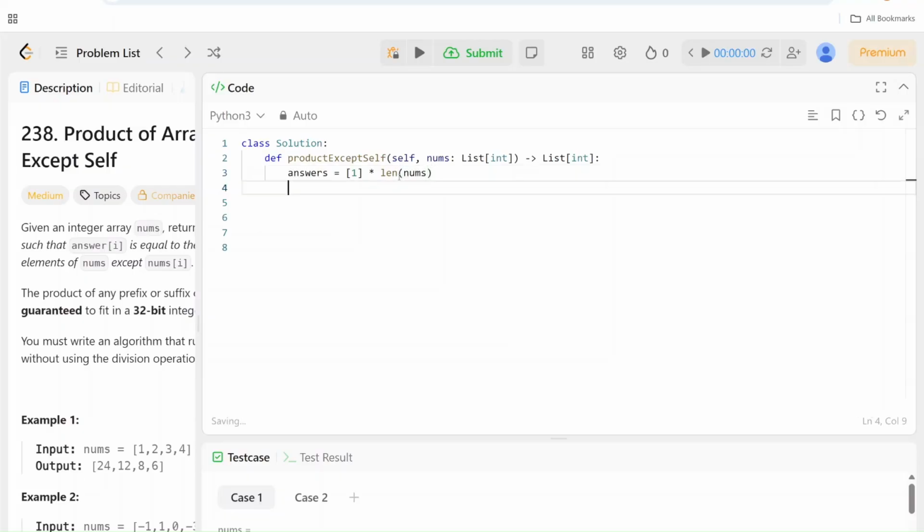Now once we have this, I'm going to initialize the left value by 1, like the way we were doing in the solution also, and a right value also by 1.